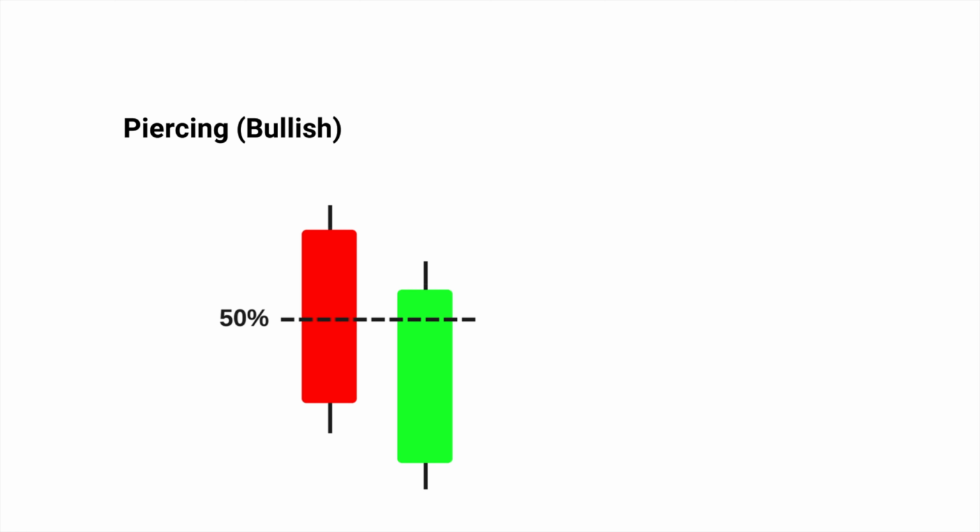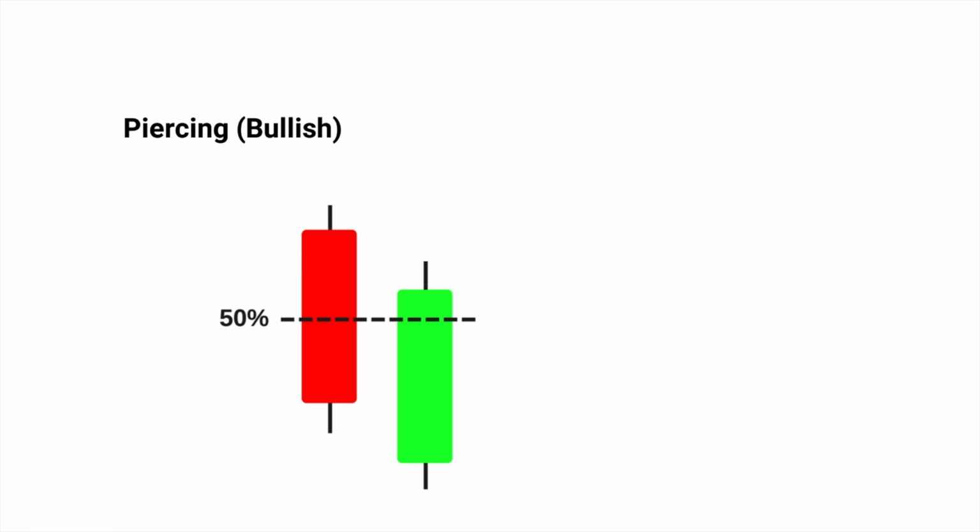Okay, so piercing line. It's pretty much similar to the bullish engulfing in terms of the candle usually being a lot bigger, but the opening price is just above 50% of the previous candle.